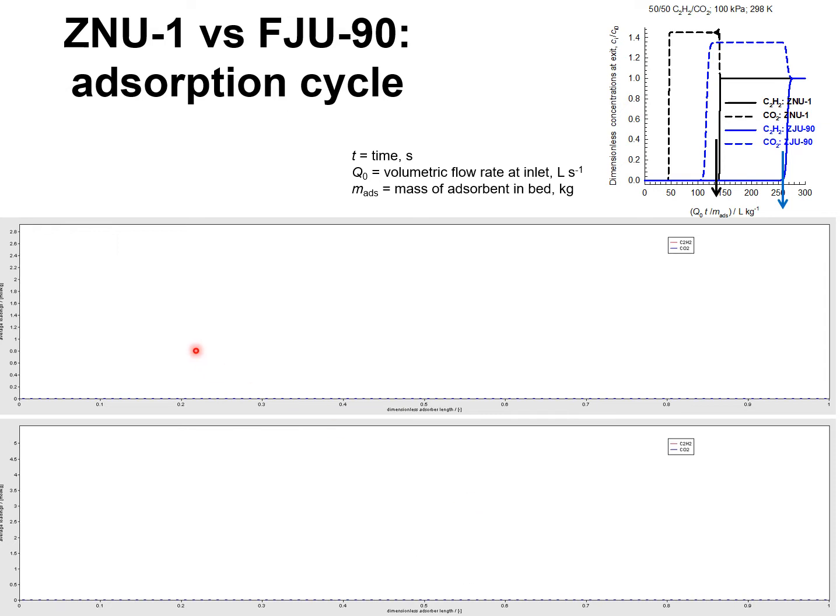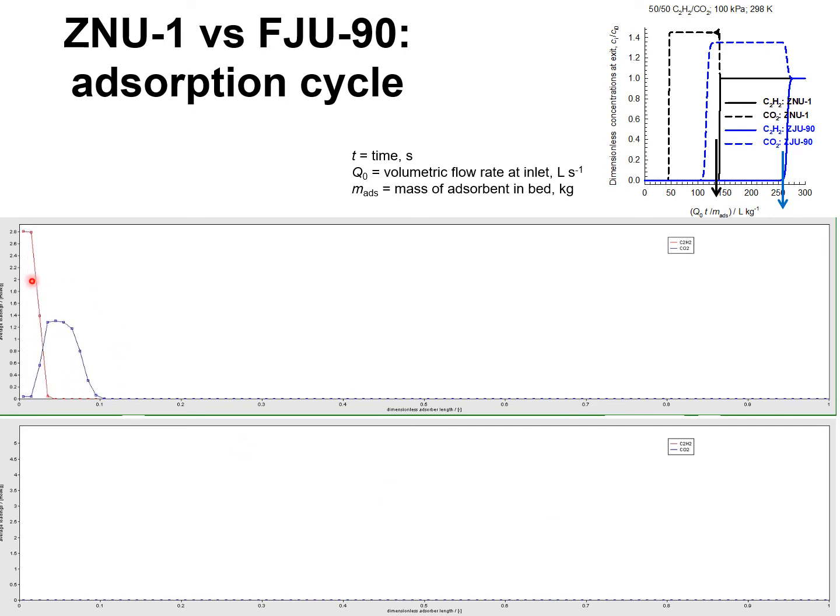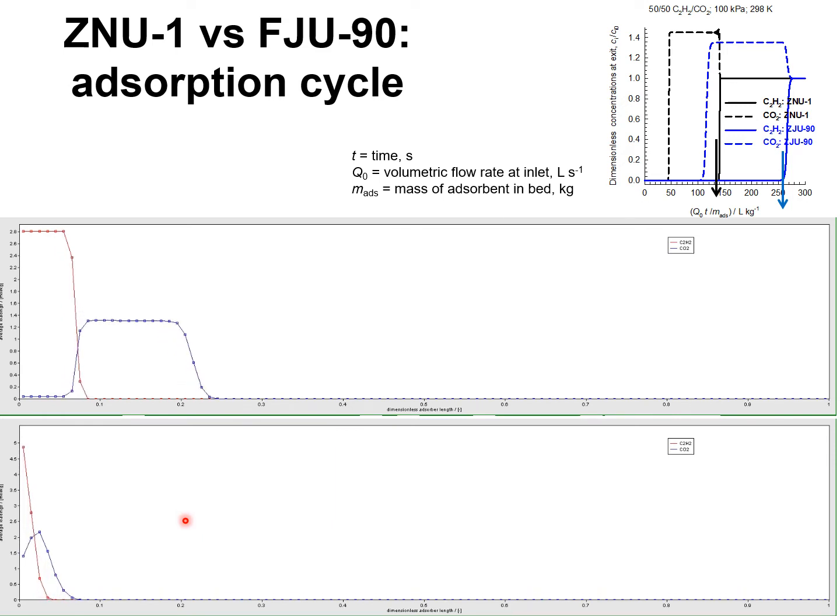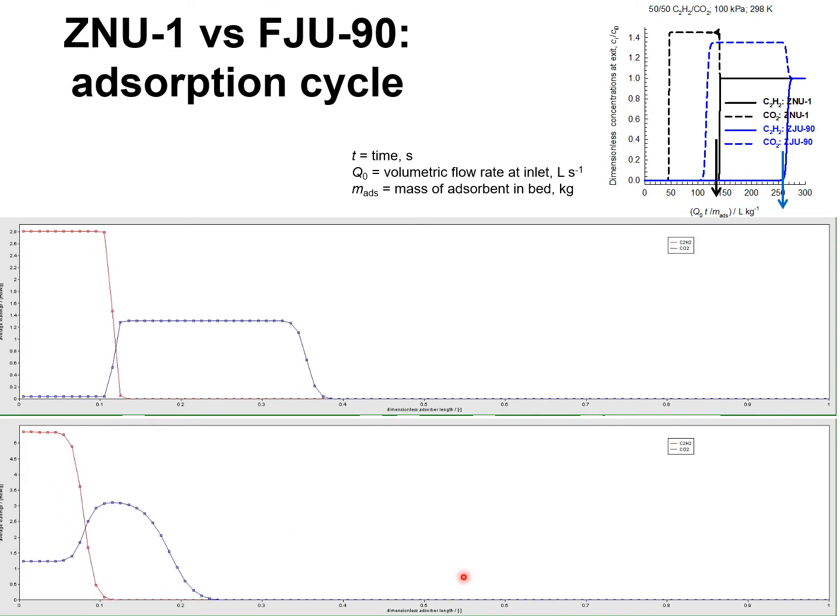Let's start with the development of the molar loadings in moles per kilogram for ZnU1. Red is C2H2 and blue is CO2. The corresponding development of the component loadings in FJU90 are shown in the animation below. Red is C2H2, blue is CO2.